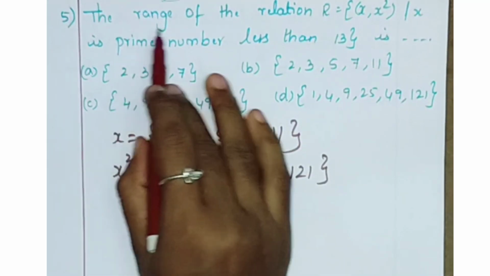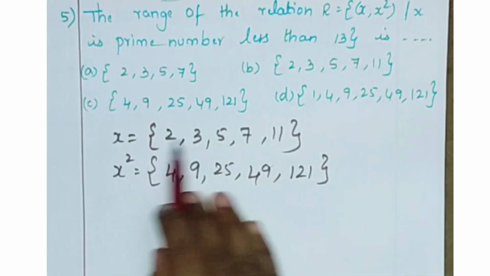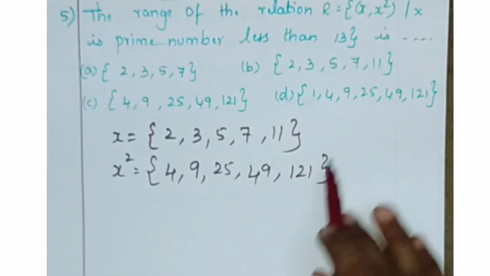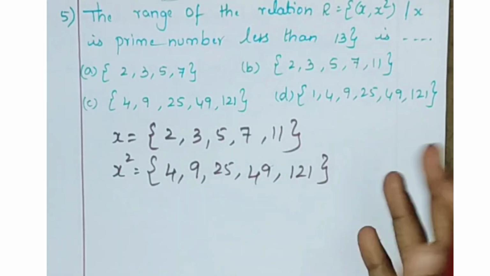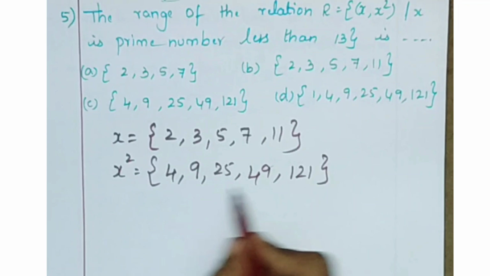So what is the range? Range means elements in the codomain. If this is the domain, this is the codomain, so the elements in Y are the range. Definitely the x² values will be your range.